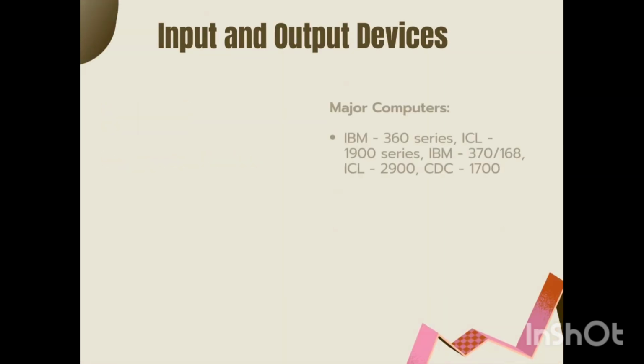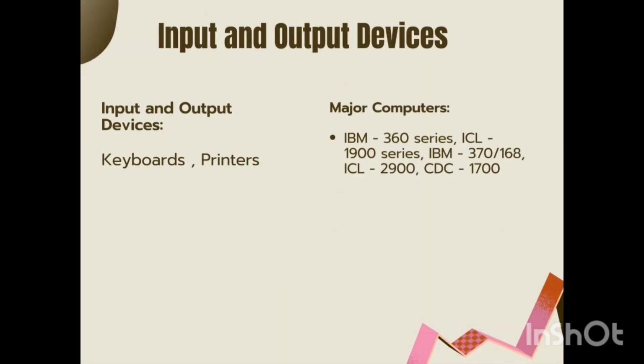Now, we will know which input and output devices were used: keyboards and printers. Major computers: IBM 360 series, ICL 1900 series, IBM 370/168, ICL 2900, CDC 1700. These computers were used.